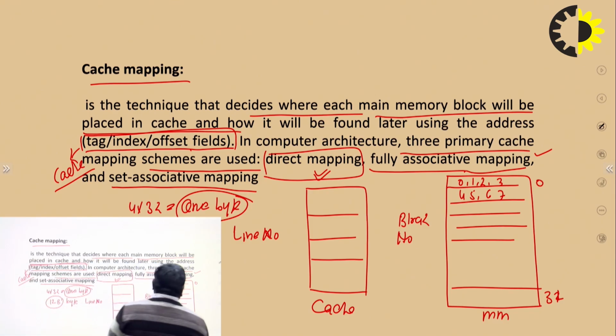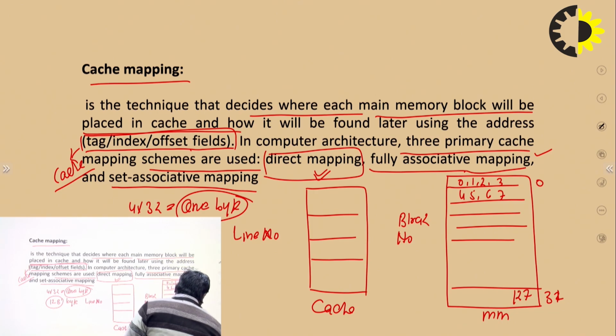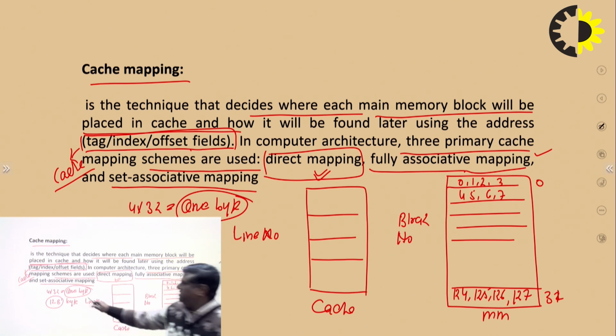Now, the last words are 127, 126, 125 and 124. Each block contains 4 words and the size of each word is 1 byte, so the size of main memory is 128 bytes.